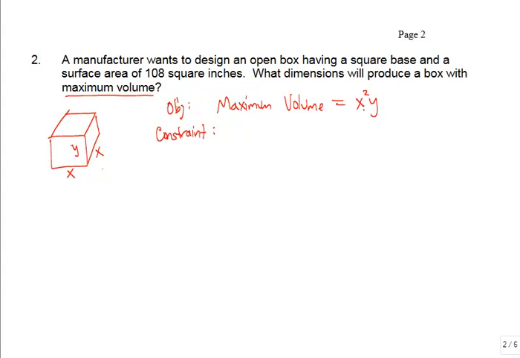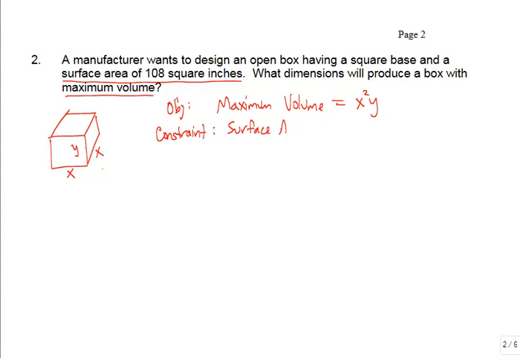But right now, there's too many variables. We have an x and a y. So we need to eliminate one of those, and that's what the constraint is for. So the constraint is that fixed quantity or that number that they tell you in the problem that you have to maintain. And here, that's the surface area. It says the surface area has to be 108 square inches. So what would be the surface area of this shape here?